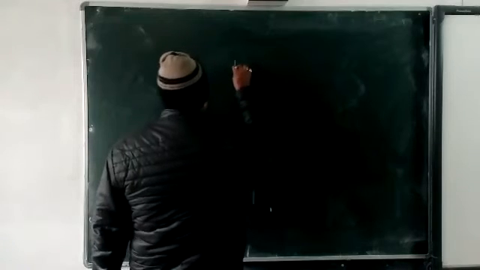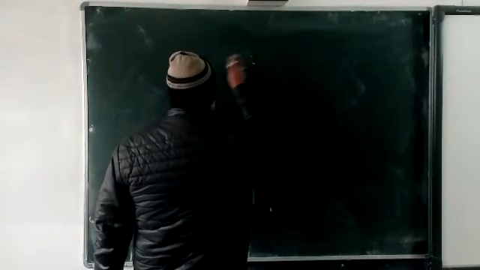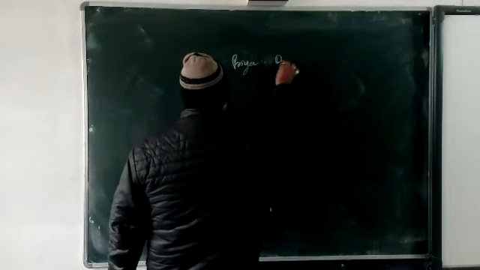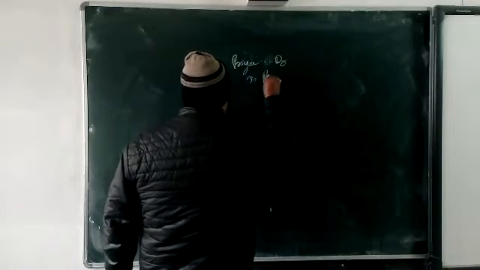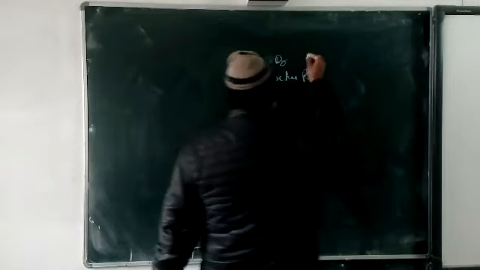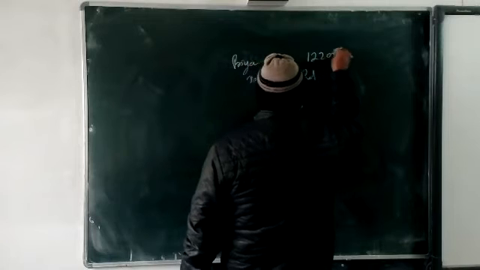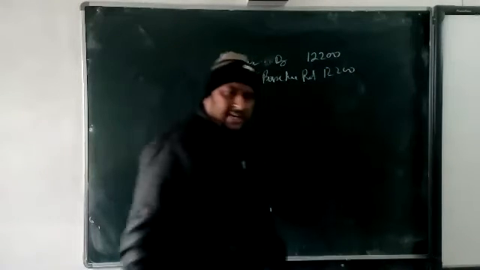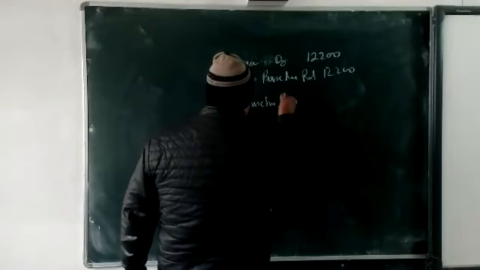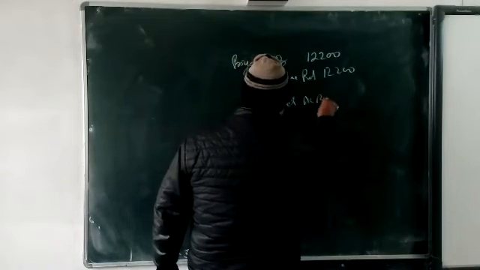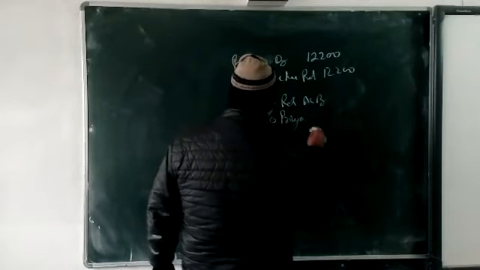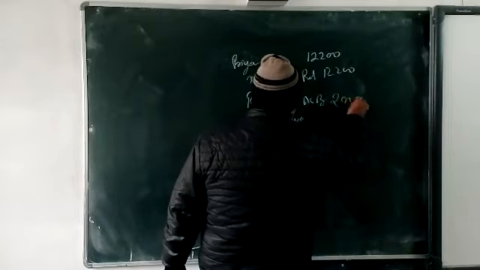So the entry is Priya account debit to purchase return, on the place of 12,000 it is 12,200. How do we correct it? Just the opposite: purchase return account debit to Priya, amount 200.